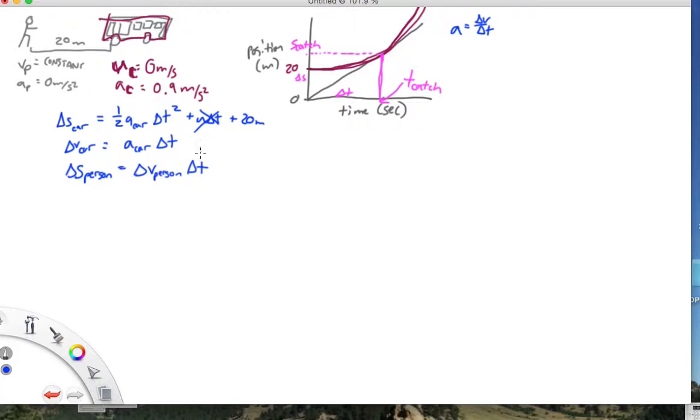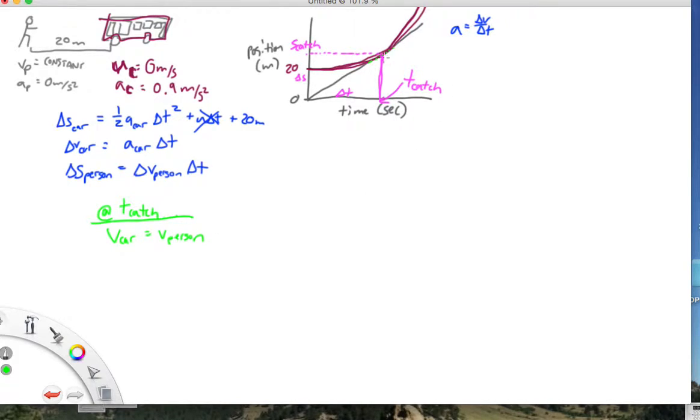Okay, and then we're going to consider the scenario at, I'll use a different color here, at the time t catch. At t catch, which is this delta t right here, we have a couple things that are true. First thing that's true is that the velocity of the car is the same as the velocity of the person. And you should see that right here.